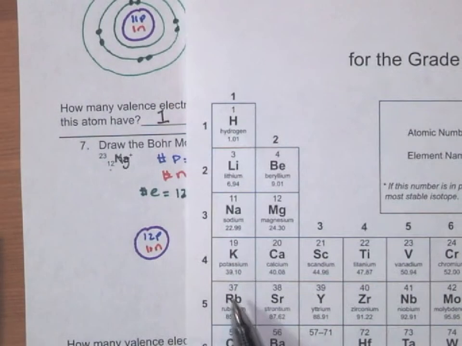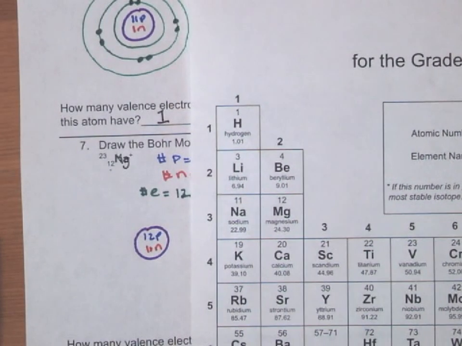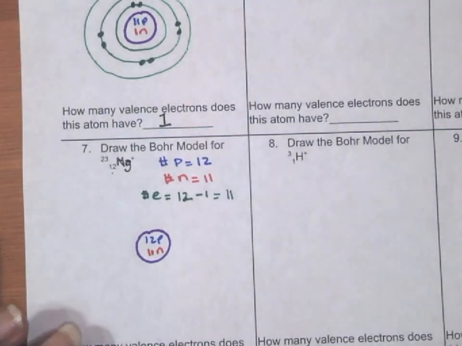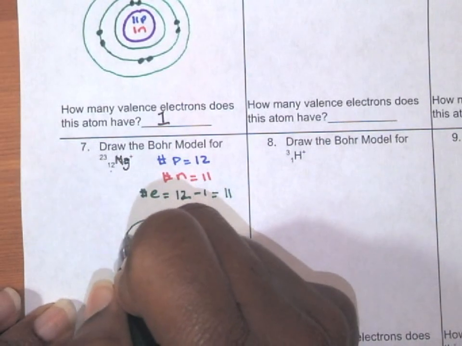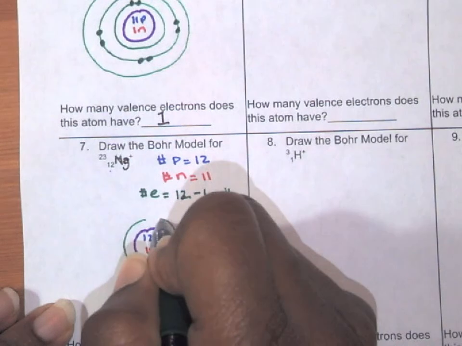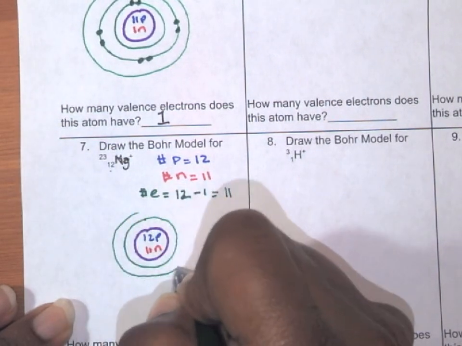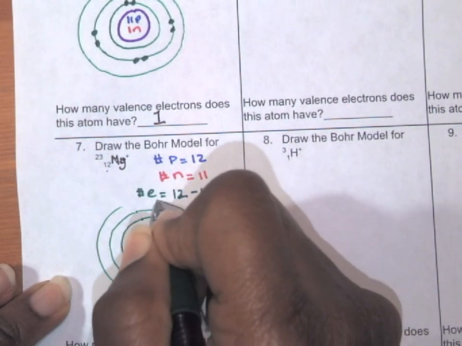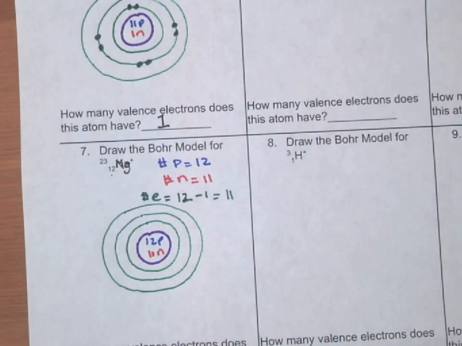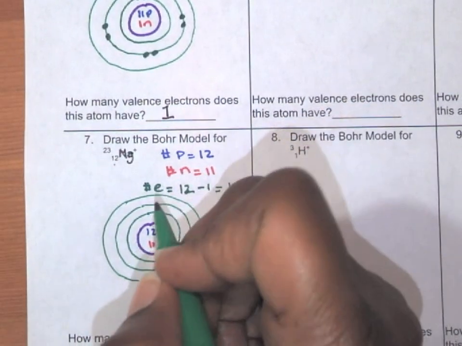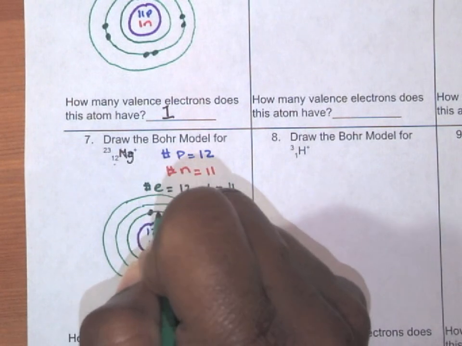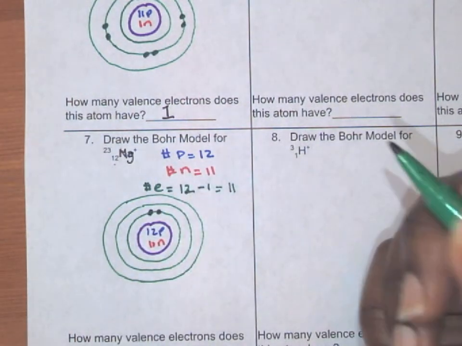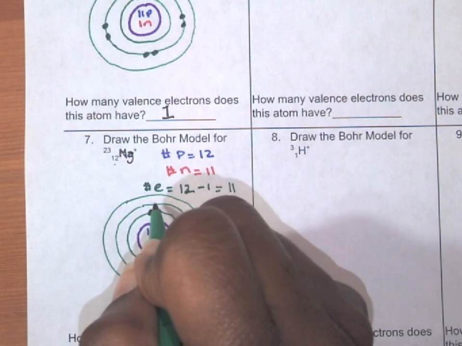Magnesium is in the 3rd period, so we need 3 shells. Fill from the inner to the outer. First shell can fit 2, so we go 1, 2. The next shell, we can fit 8.